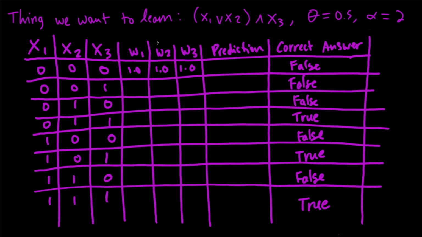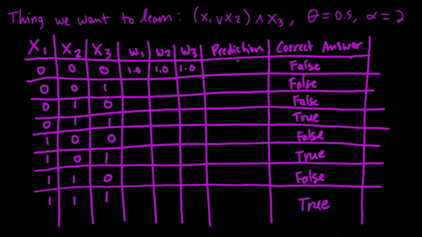And then to the right of that, we have the 3 corresponding weights: weight 1, weight 2, and weight 3. And notice that to start out, they're all set to 1, because that's step 1 of the Winnow algorithm, which is to initialize all weights to 1. So we have the weights figured out for us for the first iteration of the algorithm.